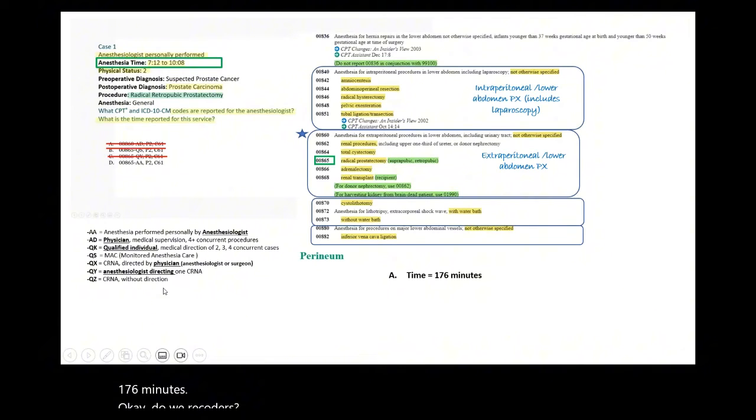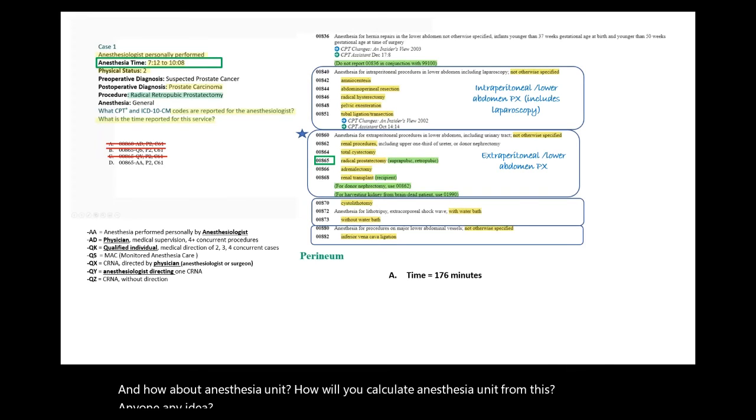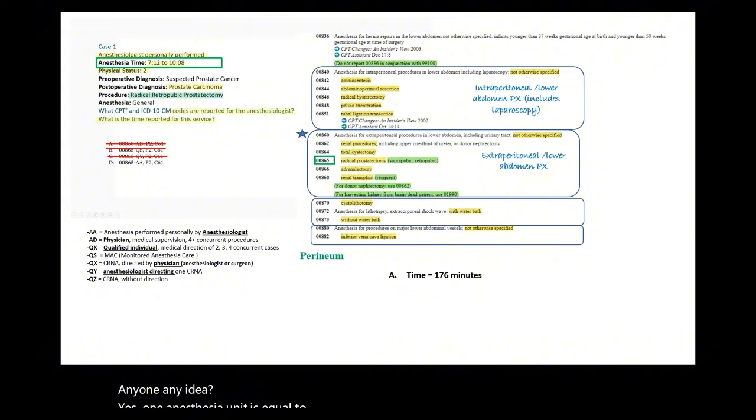And how about anesthesia units? How will you calculate anesthesia units from this? Anyone? Any idea? Yes, one anesthesia unit is equal to 15 minutes. So the easiest way, we can divide it by 15.